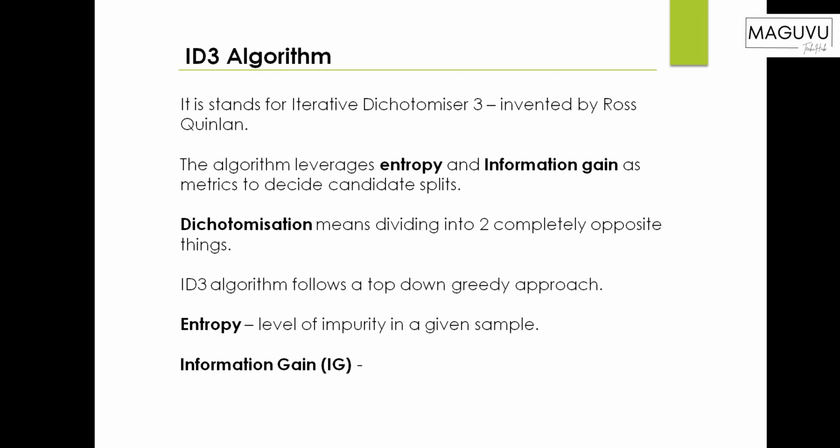When we're looking at entropy, we are basically looking at the level of impurity of a given sample. And information gain is the use of entropy to find the node that gives us better information for us to make a better decision to split the node.